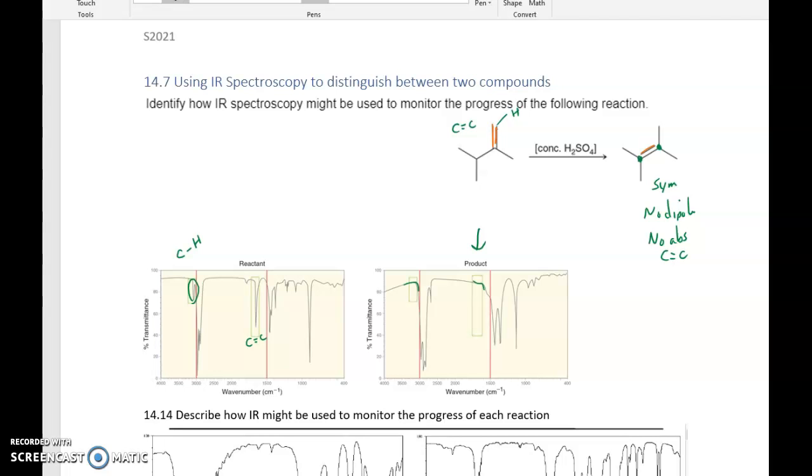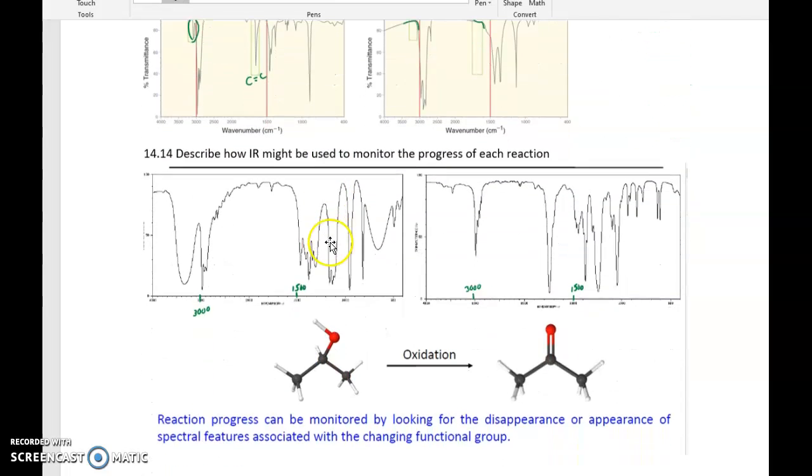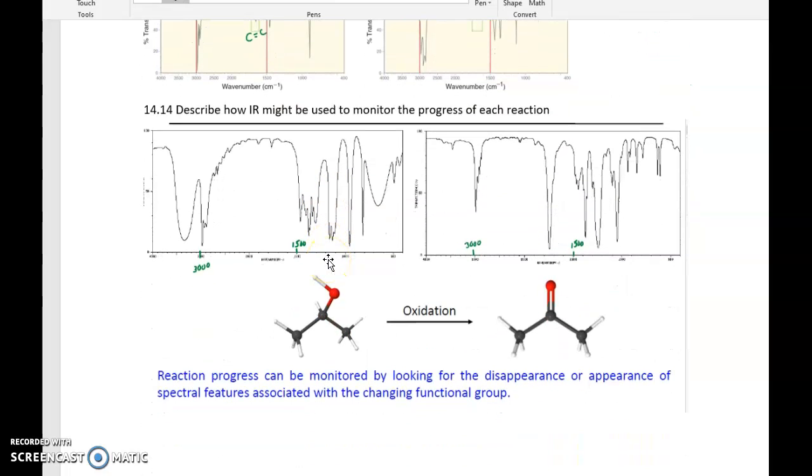There's another example. We have an oxidation reaction. Here we've got an alcohol. This is the oxygen, and here's our hydrogen. And in the product, we see that right here, the hydroxy. What else do we see?